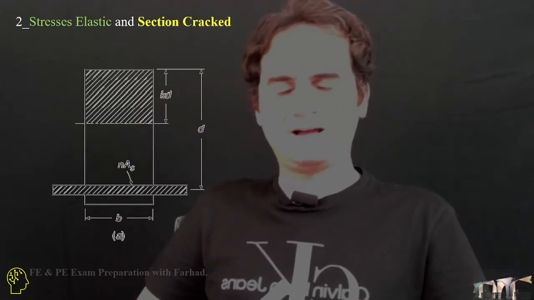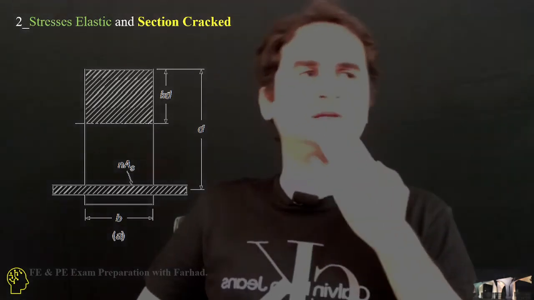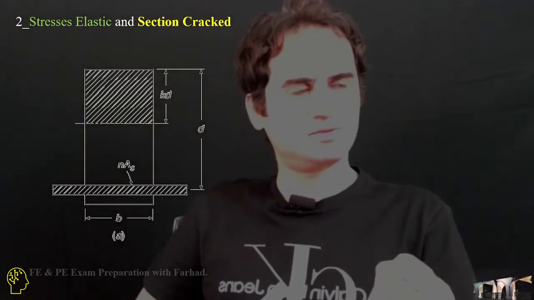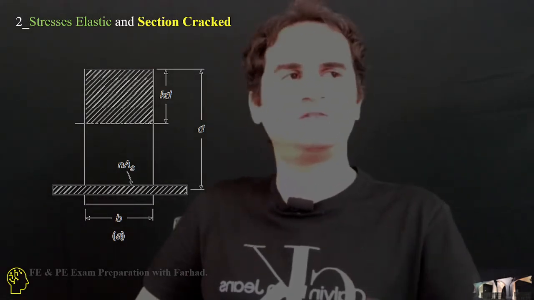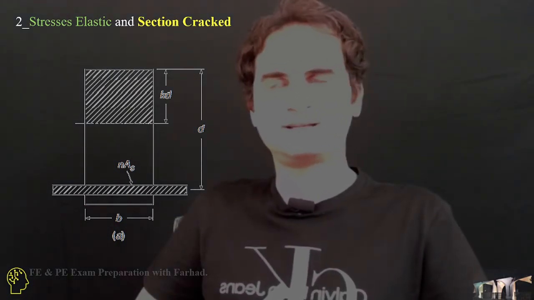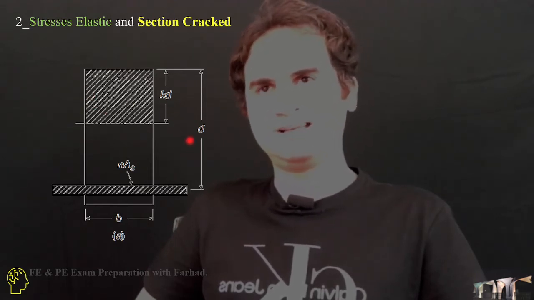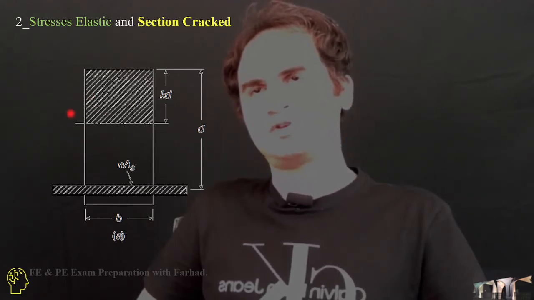We did some calculations and talked about the criteria and categories, but we never calculated the stresses in the second category. If the section is cracked, you can easily see the neutral line comes up.